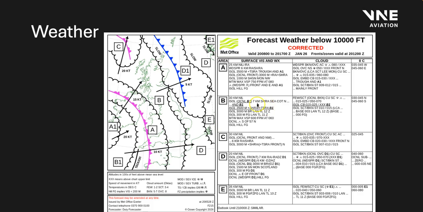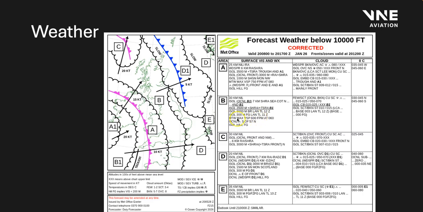So we've got ice within that, potentially within the rain in B1 again. And then isolated 3,000 meters in mist over the land until 12 o'clock Z, and then isolated fog until 11 o'clock Z, so that's early doors.